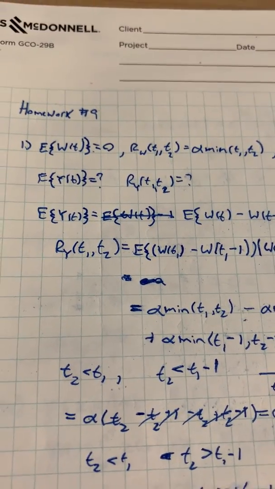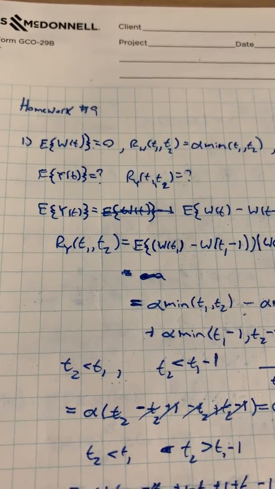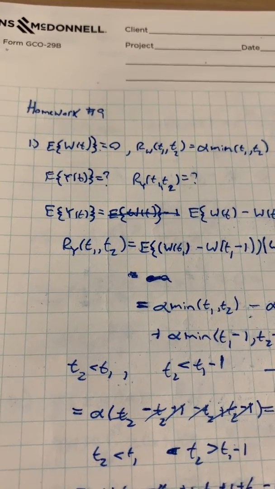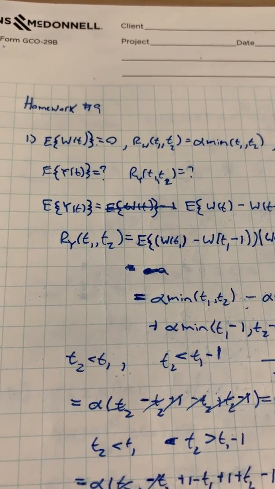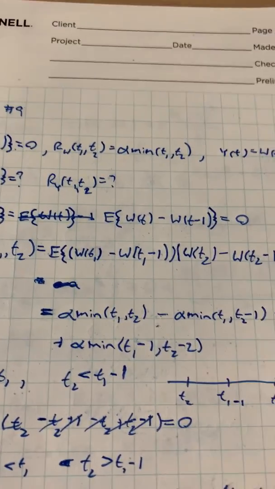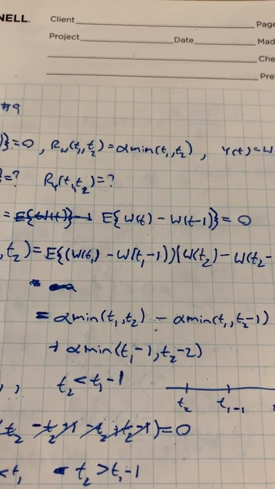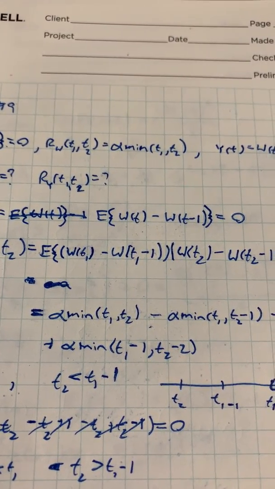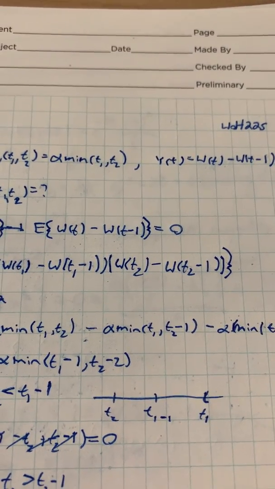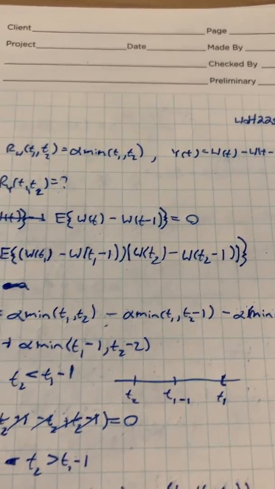Now for the autocorrelation, we substitute our values for Y, and we also substitute W(t) with our respective t1s and t2s. So we get the expected value of W(t1) minus W(t1 minus 1), times the quantity W(t2) minus W(t2 minus 1).